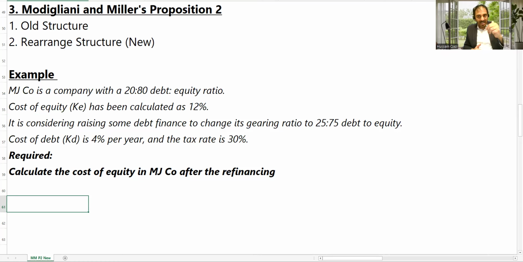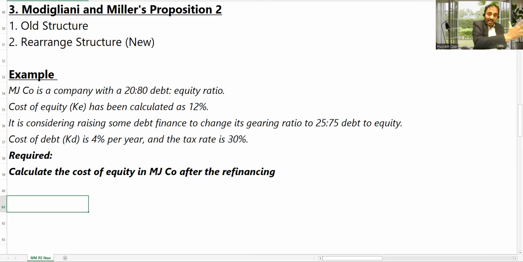Do remember, this question will be attempted in a manner. First, we will calculate KE ungeared. Although currently the company is 20 debt, 80 equity, first make a filter of debt, meaning calculate KE totally ungeared, that's without financial risk.